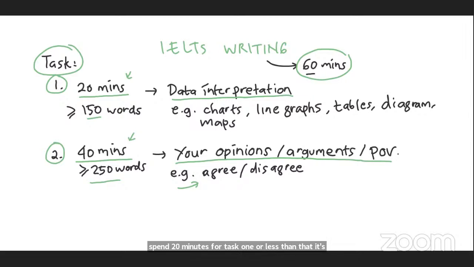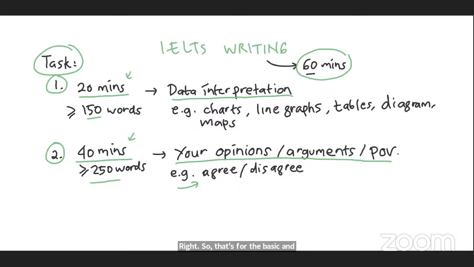Whether you want to spend only 30 minutes for task 2, it's also fine, as long as you can finish your work on time for both of the writings. Okay, so 20 minutes and 40 minutes are the times that are suggested for you to spend for each writing. Right, so that's for the basics.